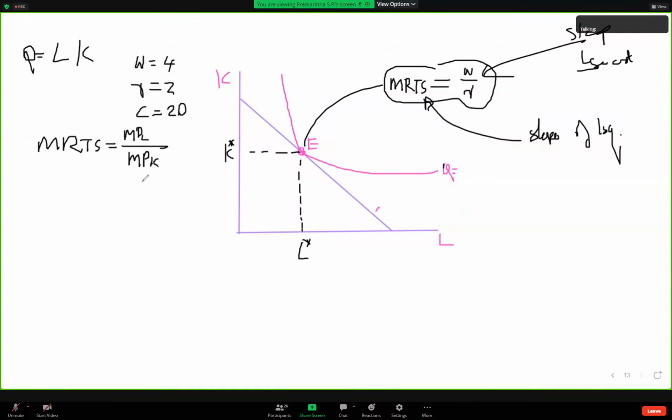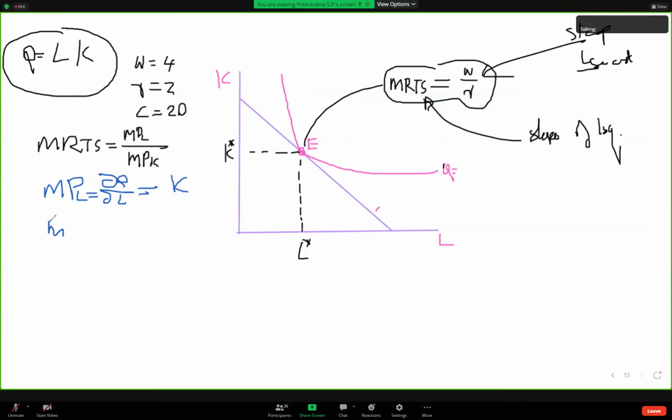So with that production function, we can find the marginal product of labor. What we have to do is differentiate this production function with respect to L. If you differentiate, you get the answer K.